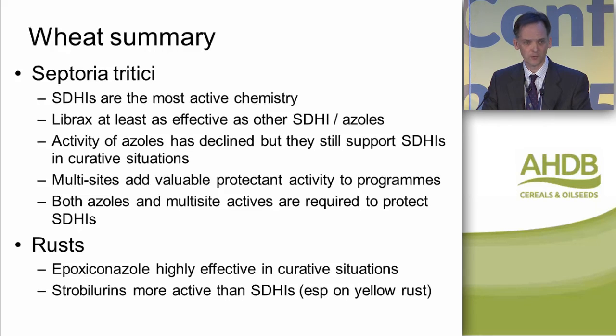But we also need the multi-sites because they add very valuable protectant activity to all programs. And both of those are what may help us keep the SDHIs for as long as possible. On rusts, clearly epoxyconazole is highly active on both yellow and brown rust. And the strobilurins have more activity than the SDHIs, especially on yellow rust.